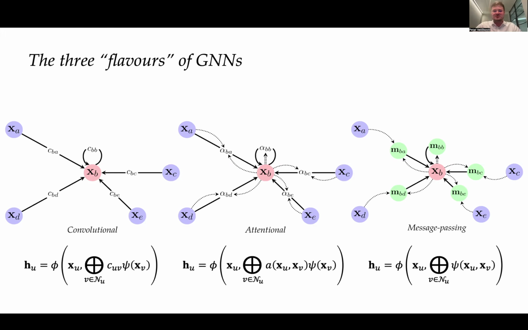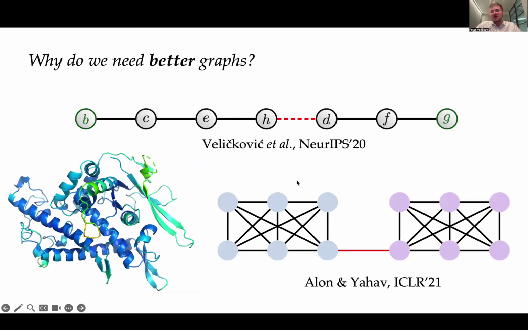And finally, once you've done that, you can pass the resulting message into an update function phi, which might also have this neat little skip connection. So you update the features of node u based on its old features and based on the features coming in from the neighborhood. Okay, so this is the general purpose formula.